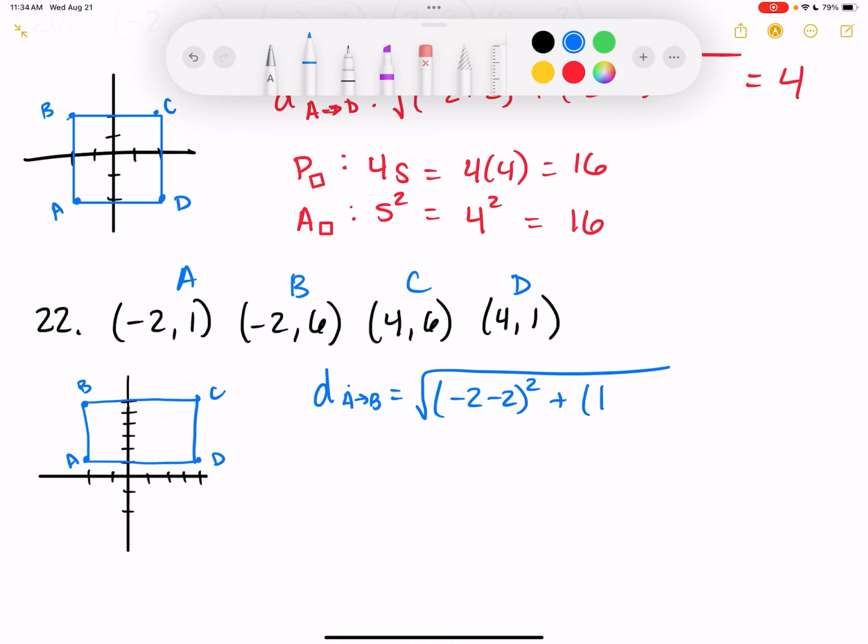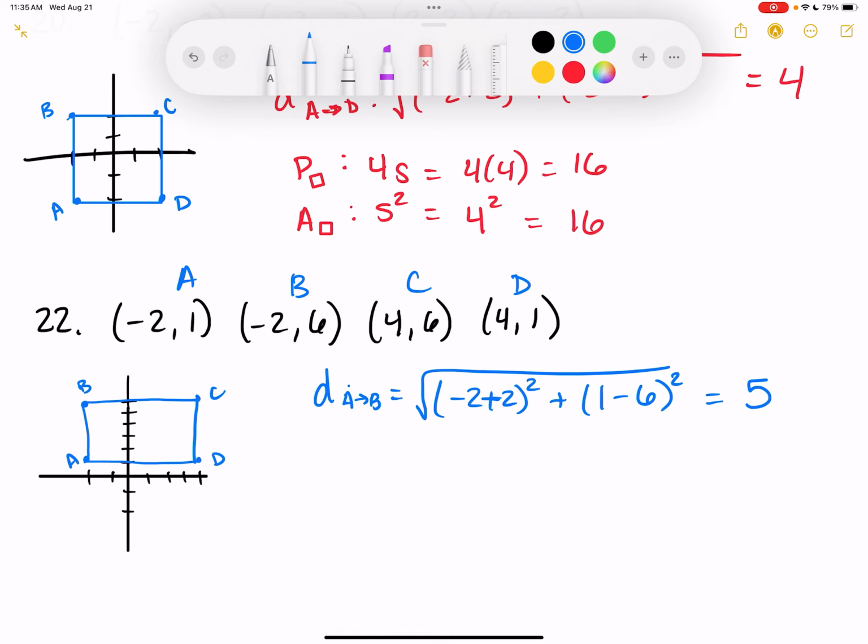It's plus 2 because it's minus a negative, so it'd be plus. So -2 plus 2 is obviously 0. Then 1 minus 6 is negative 5, squared is 25. So this side length is going to be the square root of 25, which is 5.